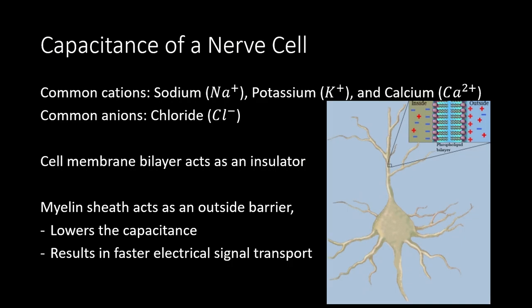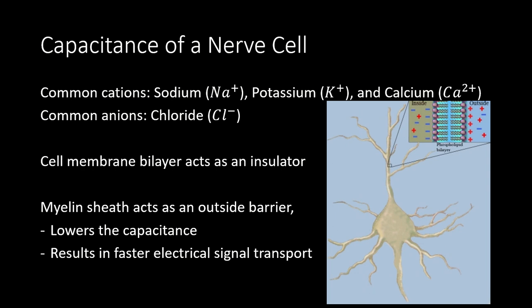So, to end things off, when we look at the capacitance of a nerve cell, common ions are usually sodium ions, potassium ions, and calcium ions. One of the common anions would be chloride anions, where the positive ones are cations. Between the inside and the outside of our axon, our cells try to keep a difference of more positive on one side and more negative on the other side.